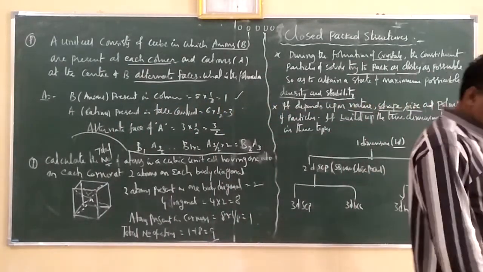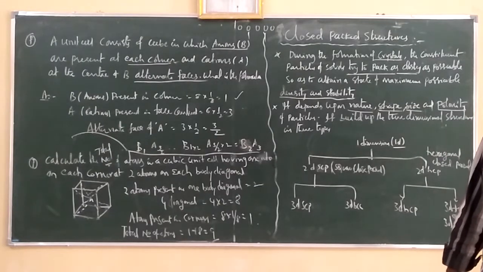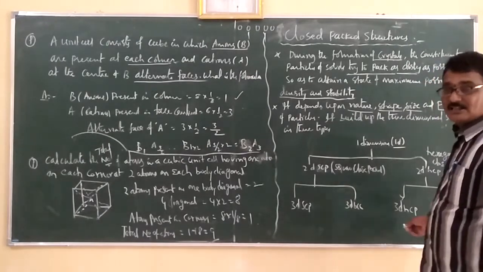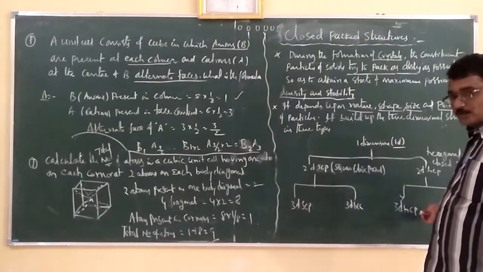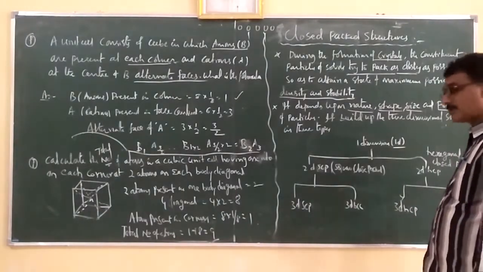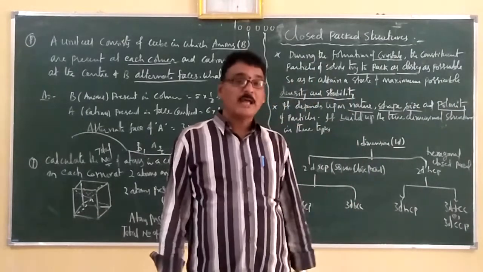Next, the two-dimensional hexagonal closed packed structures are divided into two types. Number one is three-dimensional hexagonal closed packed structures, and the next one is three-dimensional face-centered cubic closed packing.